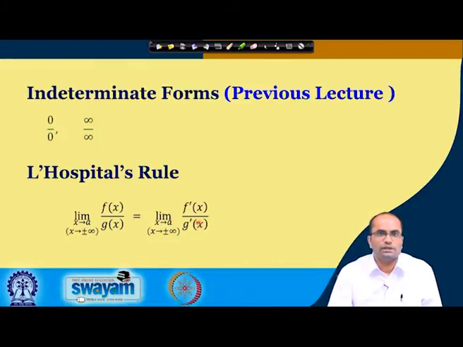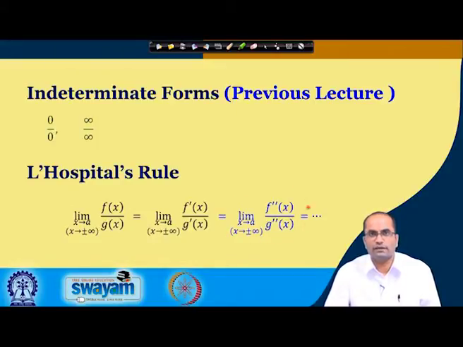And we have also seen that we can continue this process, provided all the conditions on f prime and g prime are satisfied, and again f prime and g prime both go to 0 or both go to infinity. In that case we can continue differentiating the numerator and the denominator until we achieve the limit.